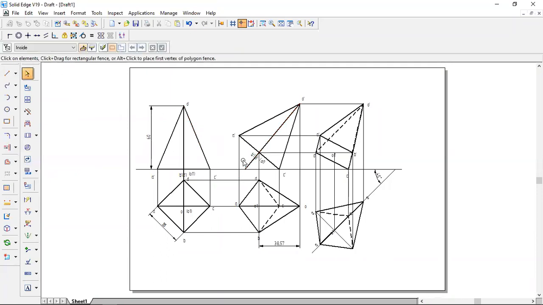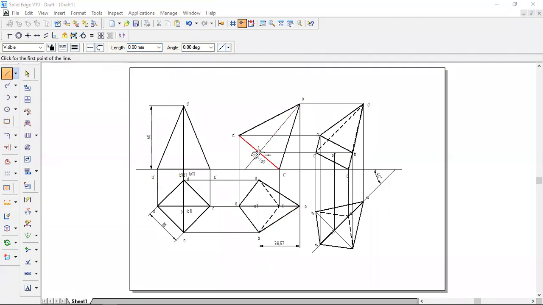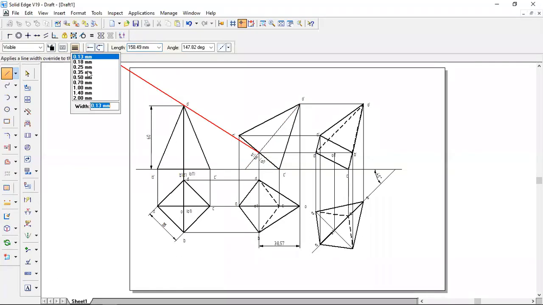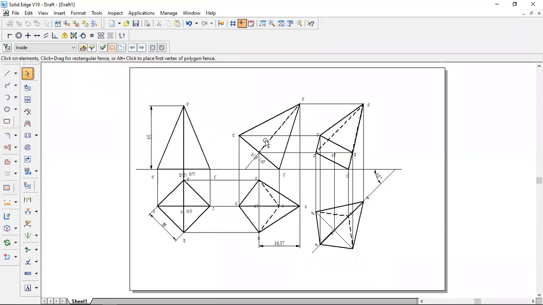Okay, so this one we can make it as 0.13, and we can draw this from here to the tip with 0.5 mm continuous thick line.